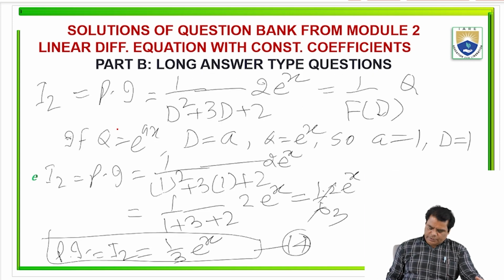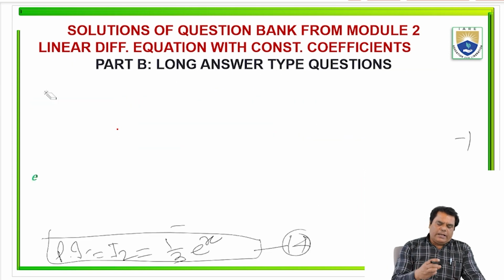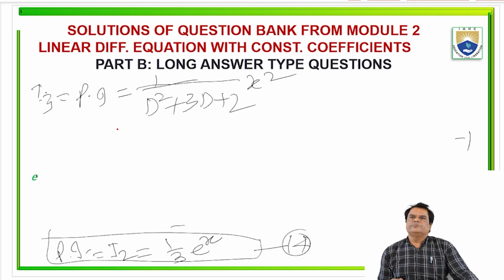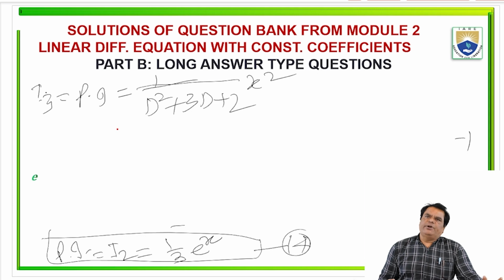Okay, now last. I3 is equal to PI, 1 upon D squared plus 3D plus 2, into x squared. This is the last particular integral.